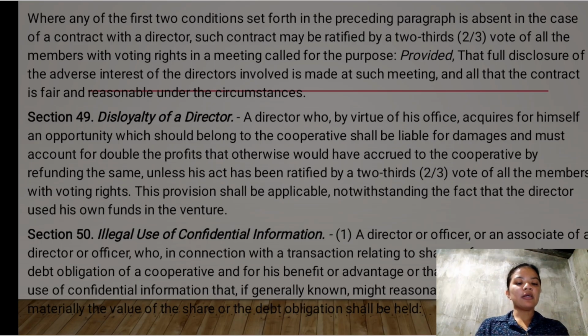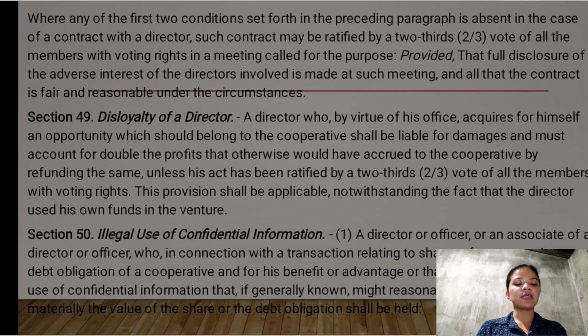Section 50 addresses the illegal use of confidential information by directors or officers of a cooperative. First, a director, officer, or their associate who uses confidential information related to the cooperative's shares or debt obligation for personal gain or the benefit of an associate shall be held liable if the information, if made public, would likely materially affect the value of the cooperative's share or debt obligation.